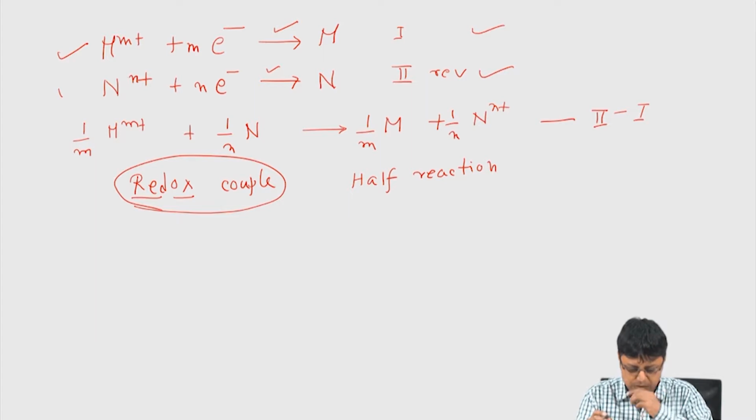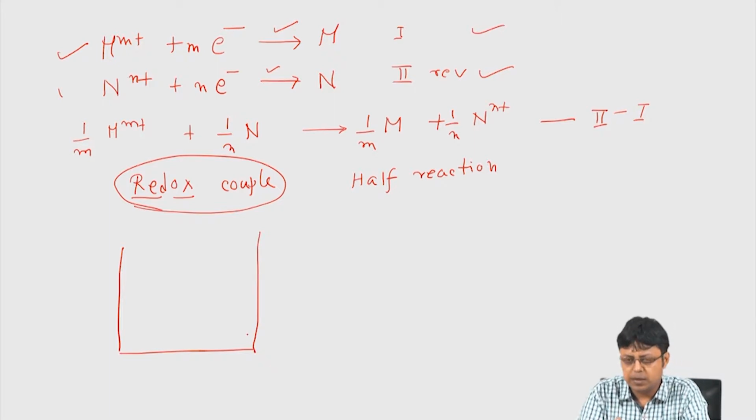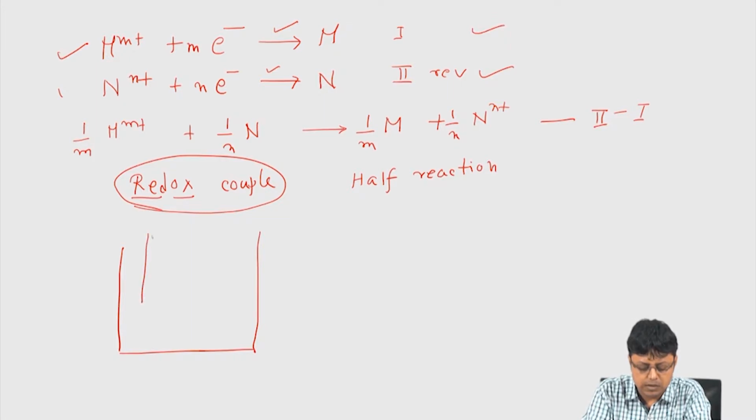Now, to begin with, let us discuss what an electrochemical cell is. As you know, an electrochemical cell, which you already studied in high school, consists of at least 2 electrodes.